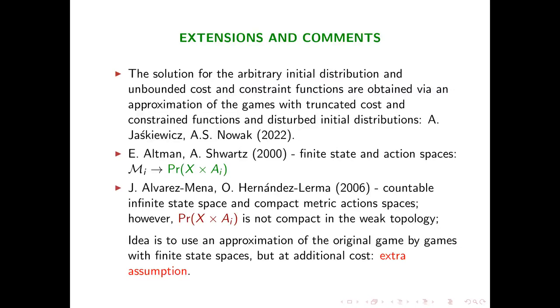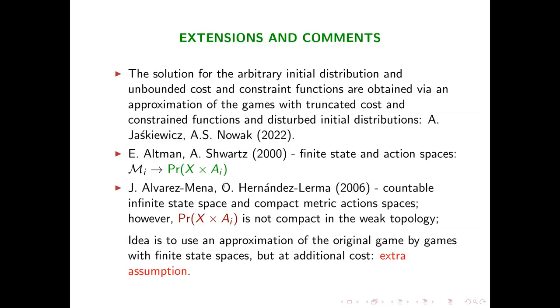Then, thanks to this correspondence, we obtain a Nash equilibrium for such a specific game, and then we truncate the cost function, take a disturbed initial distribution, and then we take the limit of such equilibria.